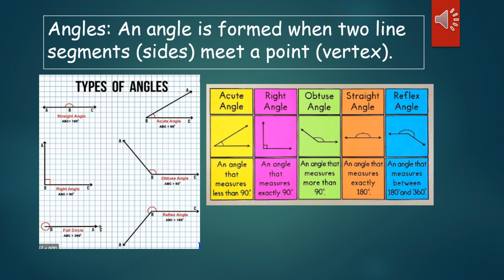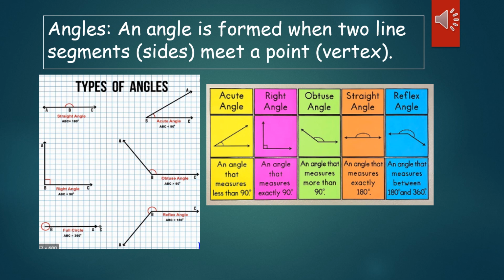And two straight angles make a revolution right around, and that is equal to 360 degrees. Reflex angle, a reflex angle measures between 180 degrees and 360 degrees.